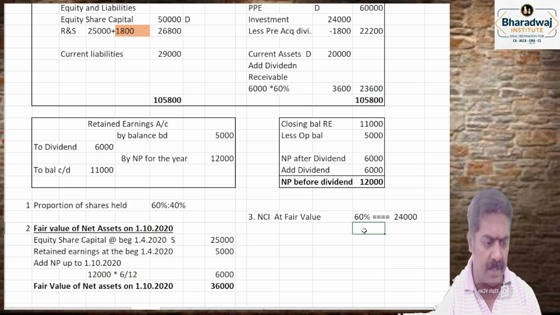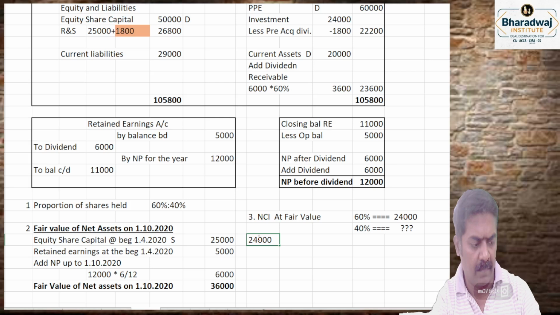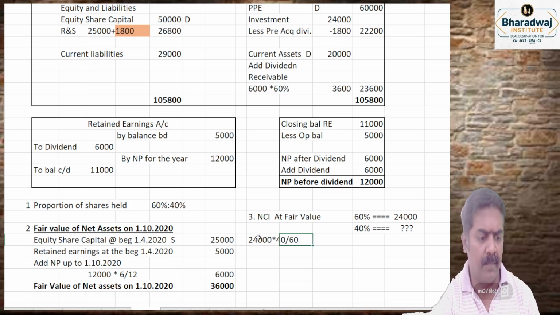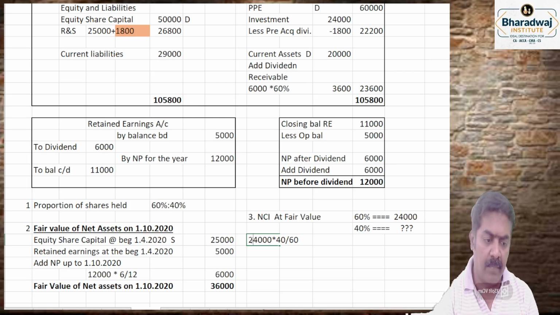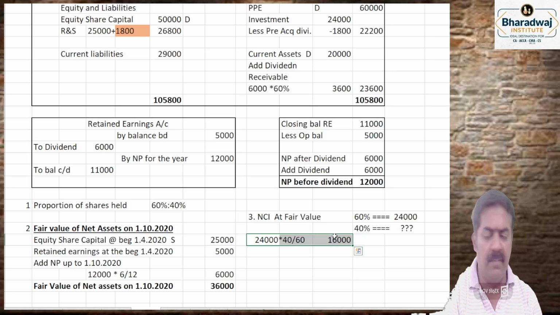For 40%, how much? 16,000. NCA will be valued at what value? Fair value.